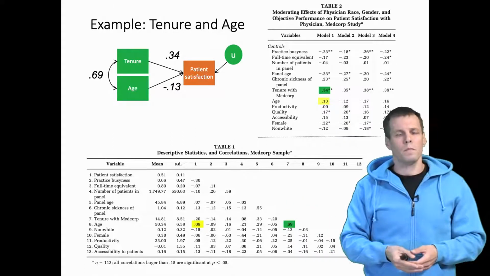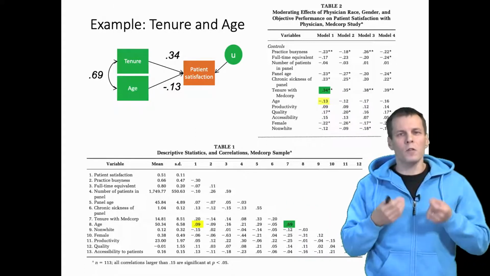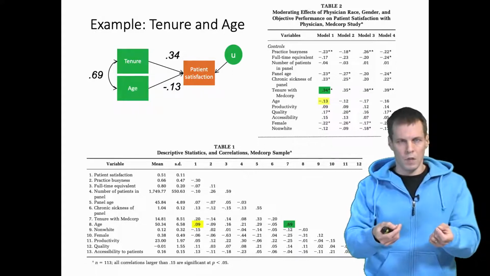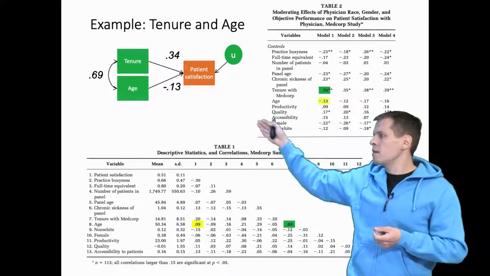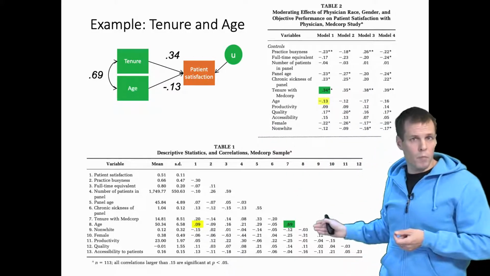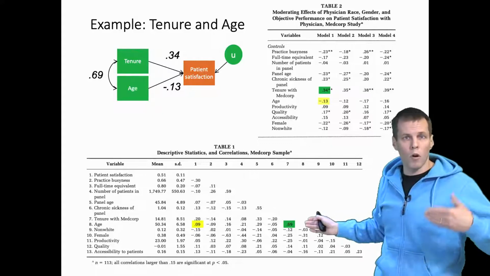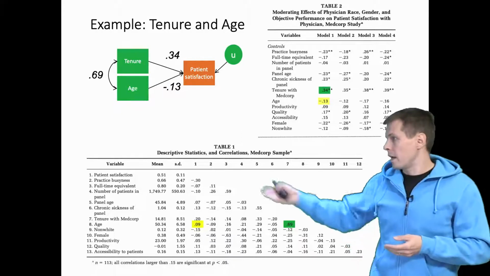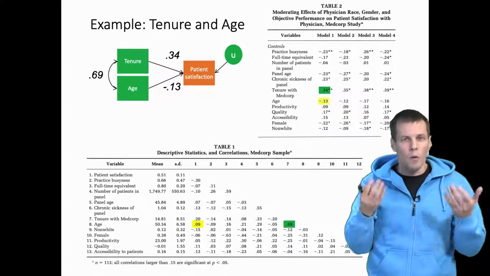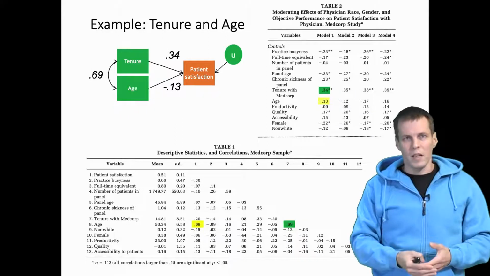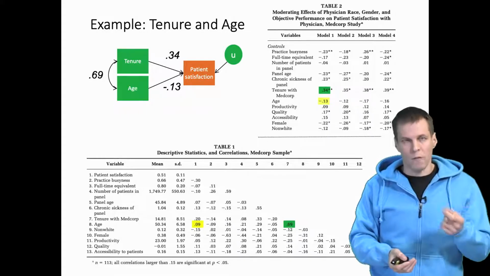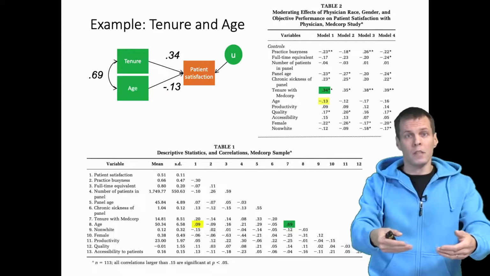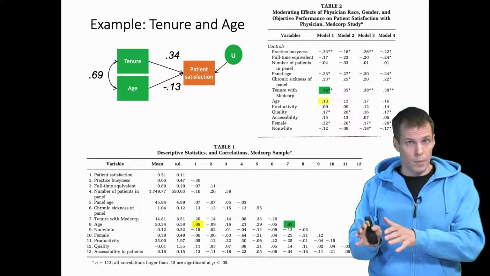How come? Well, the reason for this is that there's actually a spurious correlation in the data. If we look at just tenure and age, they are highly correlated at 0.69. So tenure is how long a person has been employed at this medical company, and age is the age of the person. So obviously, if you are just 30, late 20s, you just graduated from medical school, you can't have much experience. If you're closer to retirement, then you typically have long tenure in the place where you work.